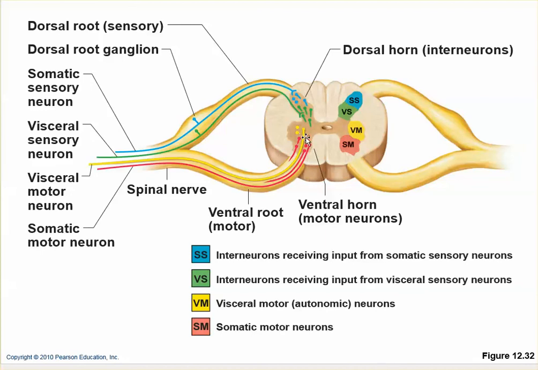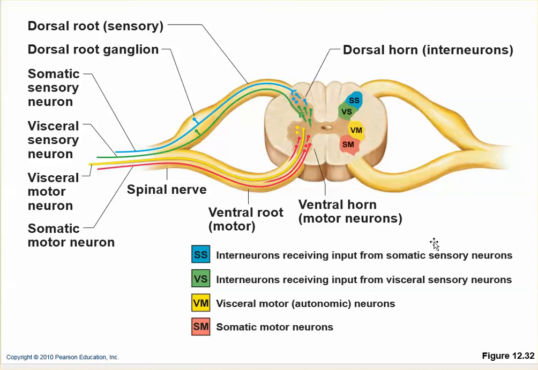The visceral motor neurons are here, and they tend to be from the spinal cord area sympathetics. The parasympathetics are all manifested by cranial nerves. The somatomotor all is in this horn here, which is the ventral horn.